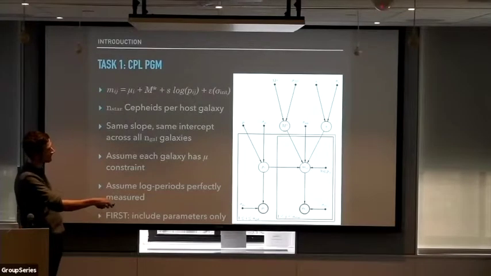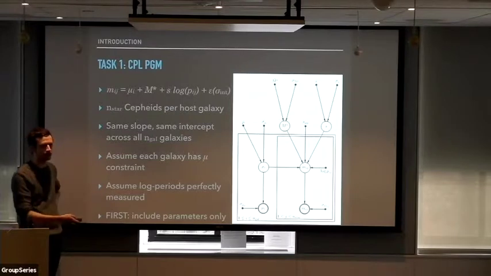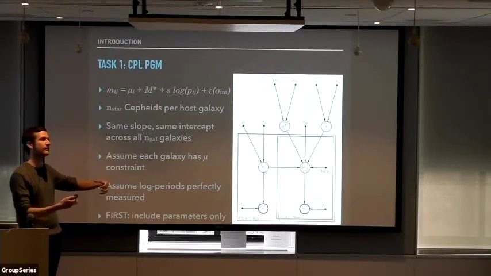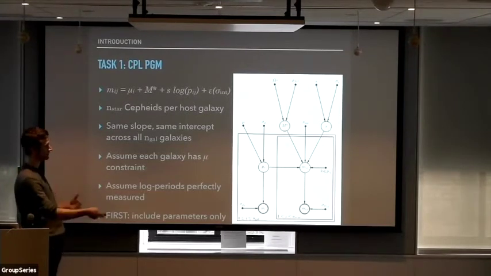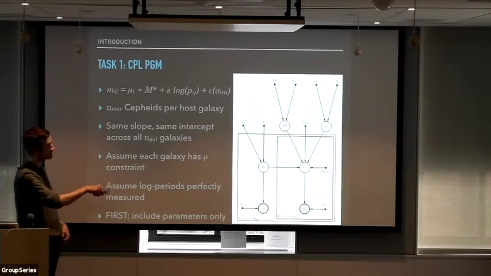Do you just have to not use a plate if you want to represent a full covariance matrix? Yeah, exactly. You kind of move it out, right? So that then you would have some capital sigma underscore I or something like that. So then you would have a covariance matrix per galaxy. Or if it was over all IJs, then just move it out onto this side so that it's outside these two plates. All right, that makes sense. Thank you.